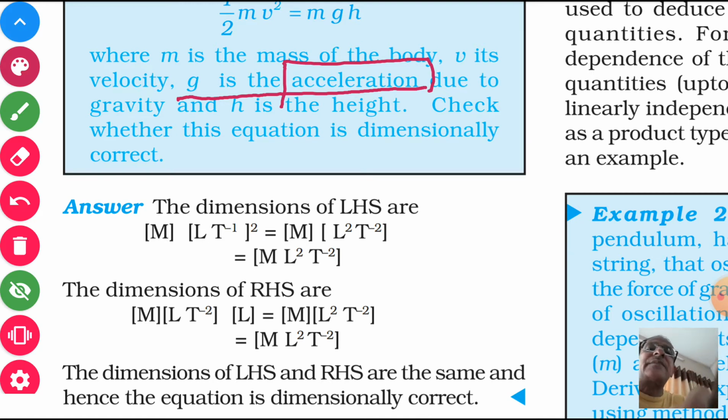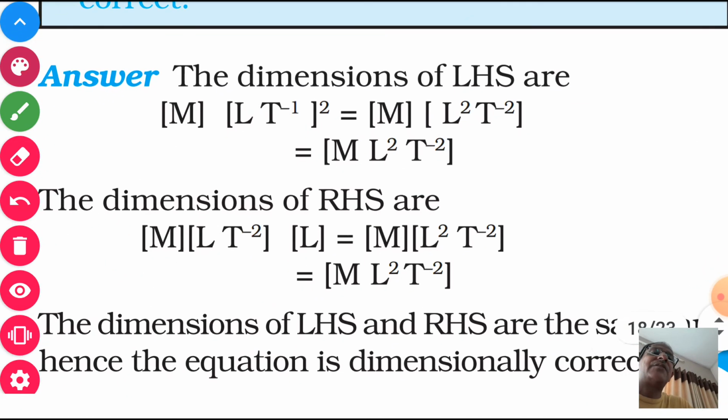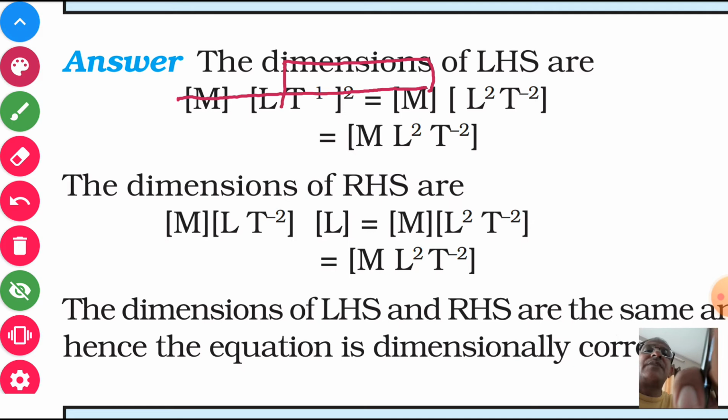So the dimension of mass is M¹, gravitational acceleration is L¹T⁻², and height has unit meter, so L¹.